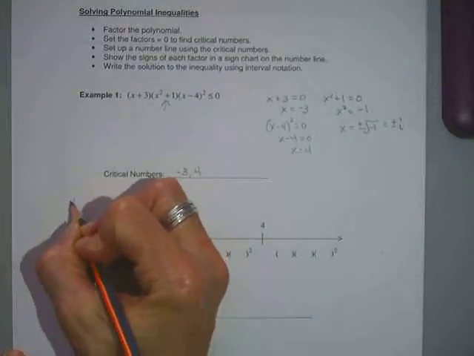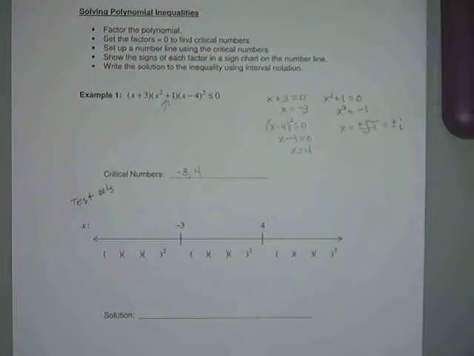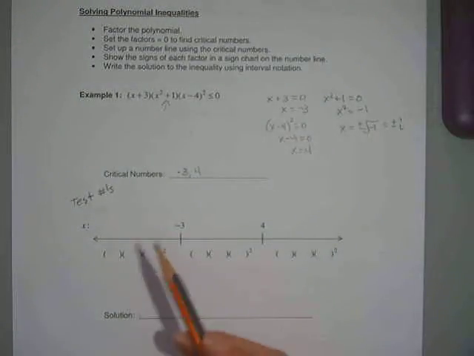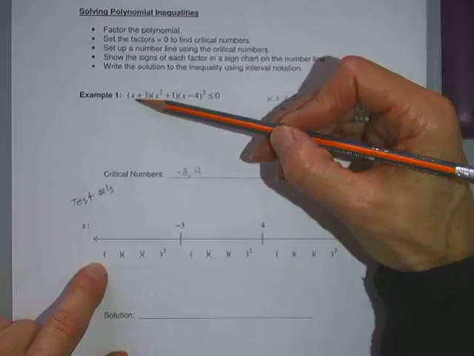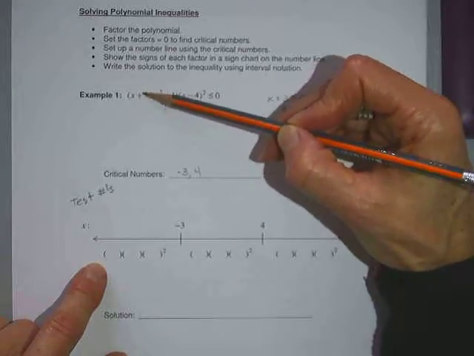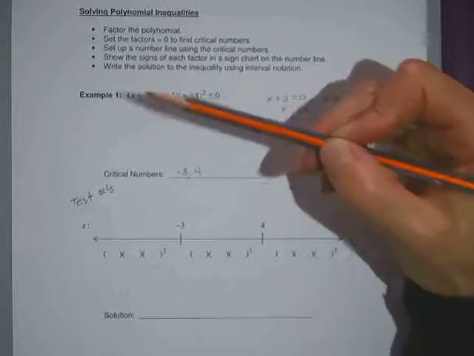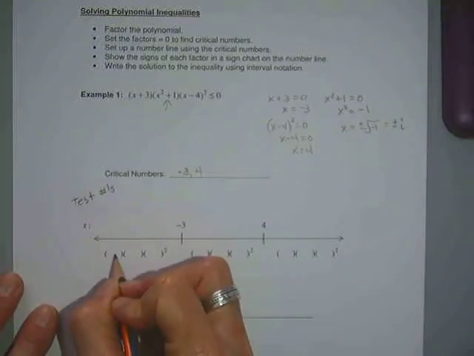Okay, so now what we are going to do is we have to test numbers. All right? Think of a number less than -3. Yep, -4, fine. If I put -4 in right there, will this end up being, and you don't actually have to do the math, you just need to have an idea, will it end up being negative or positive?